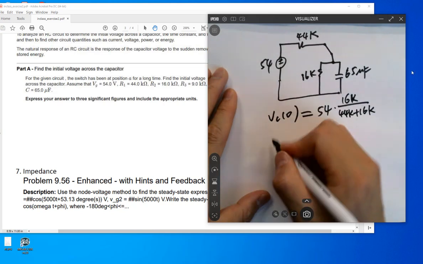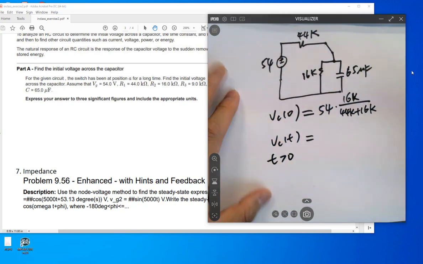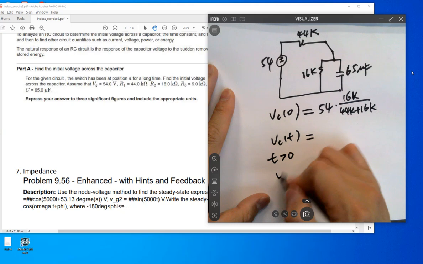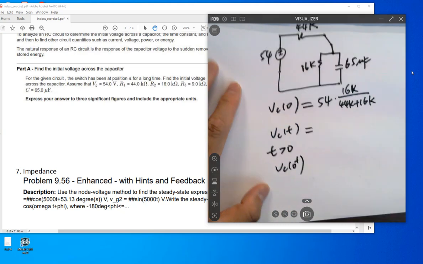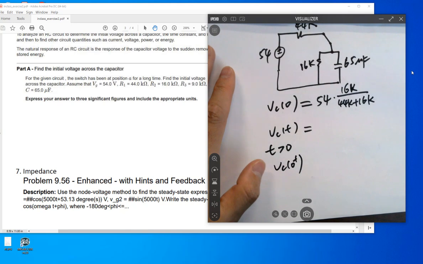What about VC(t) when t is larger than 0? Or sometimes you will see VC(0+). What is VC(0+) though? Same. Why?